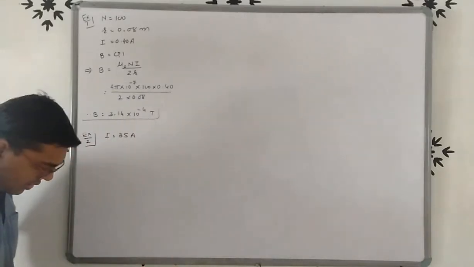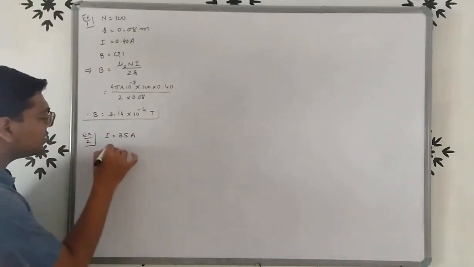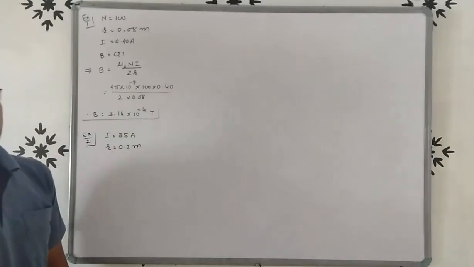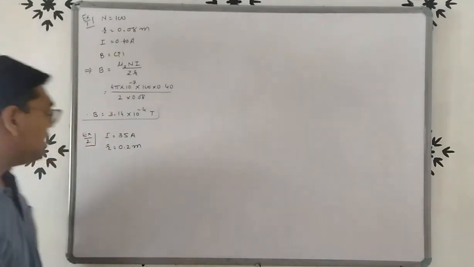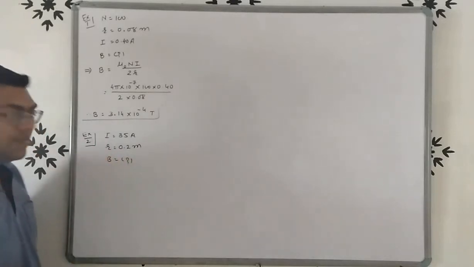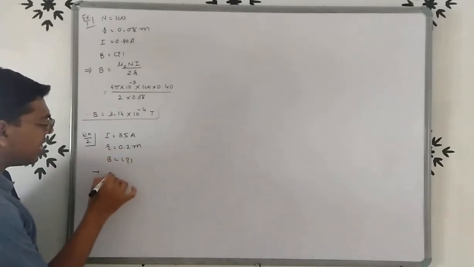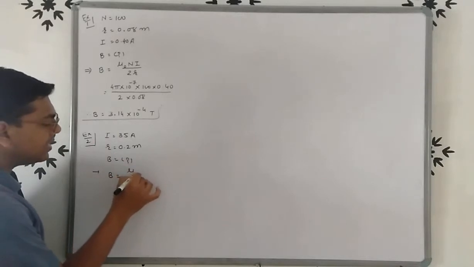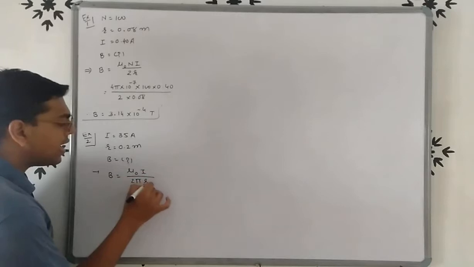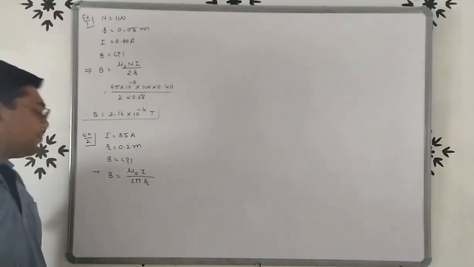So here the distance is given, r is equal to 20 centimeter. So if we convert into meter, then 0.2 meter. We have to find out magnetic field B at this distance r. So we know the formula of magnetic field at a certain distance. B is equal to mu 0 I upon 2 pi r, right?